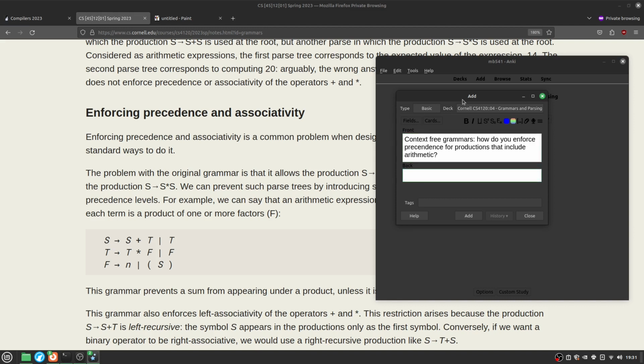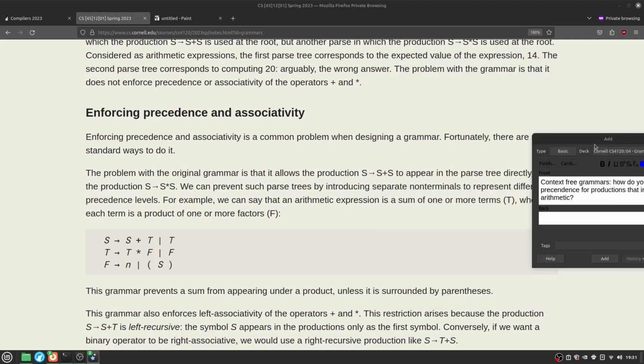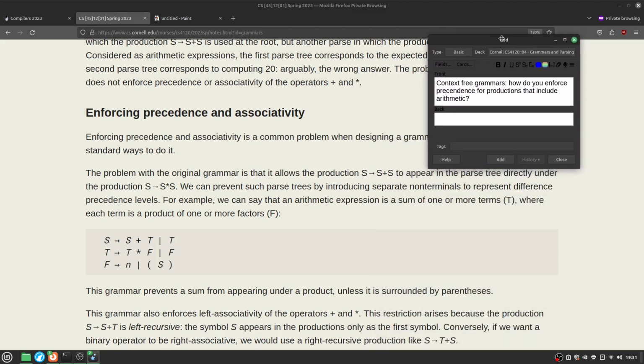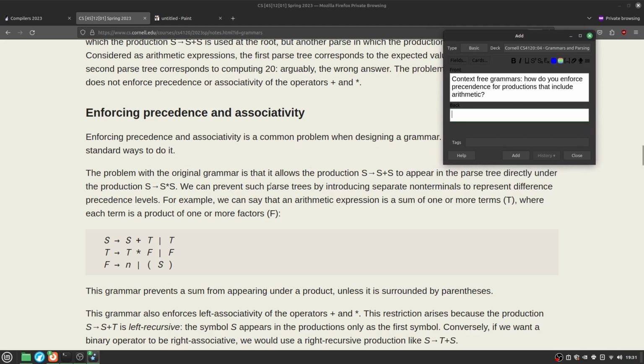The answer is, you can do it two ways, I guess. You can prevent such parse trees by introducing separate non-terminals to represent different precedence levels. Use separate non-terminals. Different precedence levels.